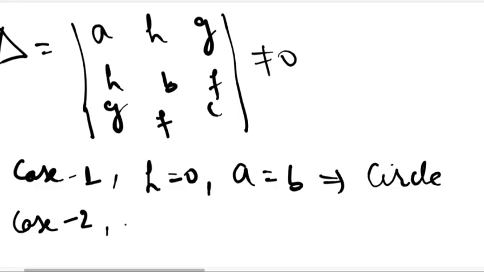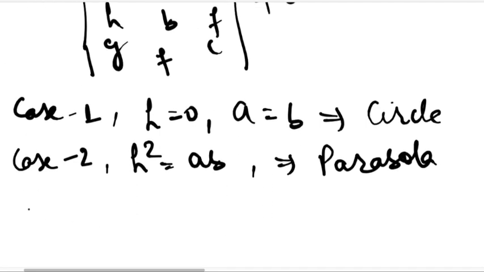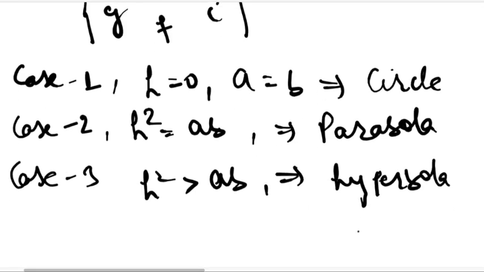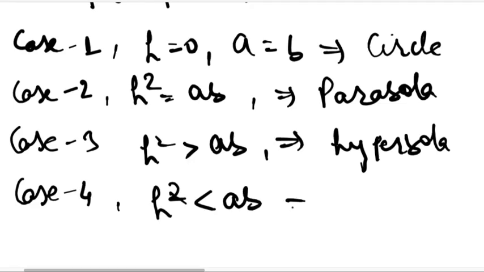Case 2: when h square equals ab, we get a parabola. Case 3: when h square is greater than ab, we get a hyperbola. Case 4: when h square is less than ab, we get an ellipse.